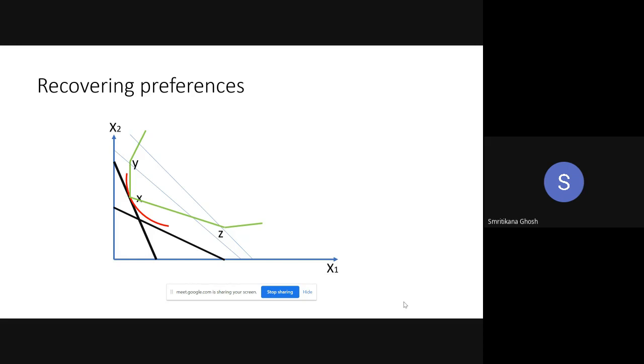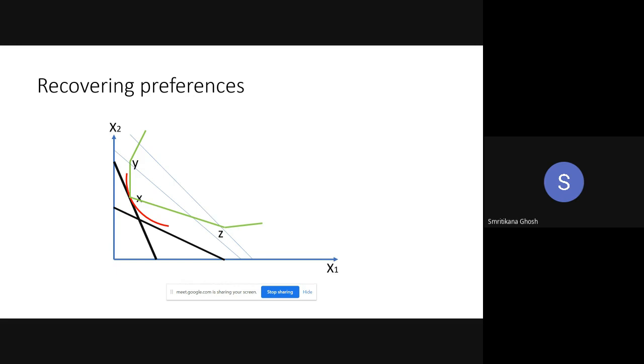We have to find it out. Only the information about the choice of the consumer is given, that is x star, y star, given m, p1 and p2, but nothing else. So from there we have to find out the shape of the consumer's indifference curve, right?